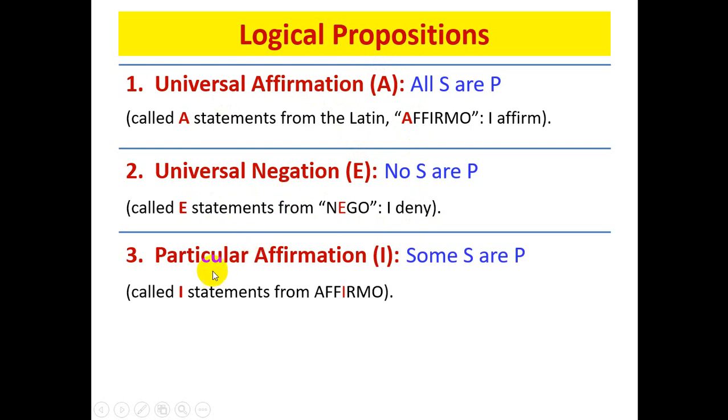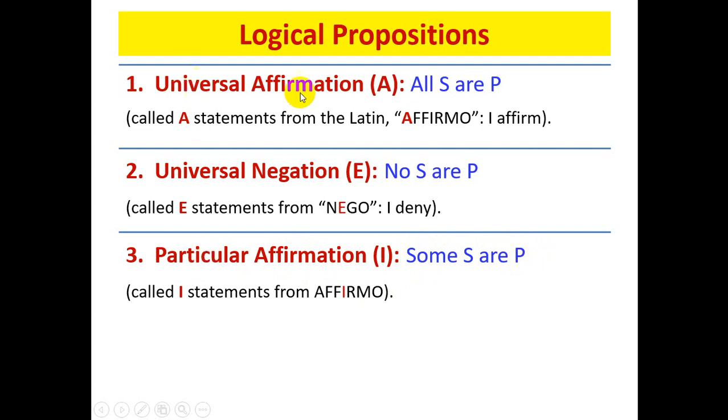The third one is the particular affirmation. It is affirmation because it is in the affirmative form. The sentence itself, from the linguistic point of view, is in the affirmative form, not in the negative. So it is called affirmation. And it is particular because we use the word some. Some is particular.